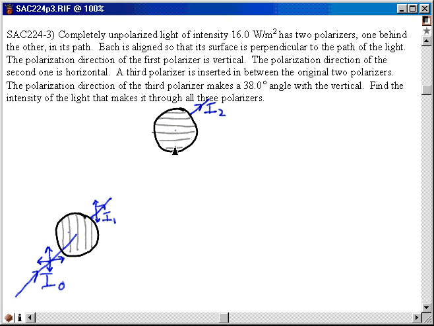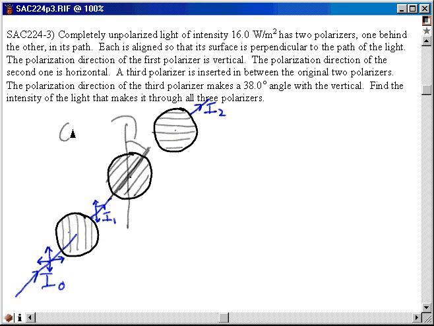So you set that up, you get no intensity coming out, and then you could put another one in between, and check this out. Get one in there at an angle, polarized at some angle, given as, I'm going to draw a line at that angle, a longer one, given as 38 degrees with respect to the vertical.